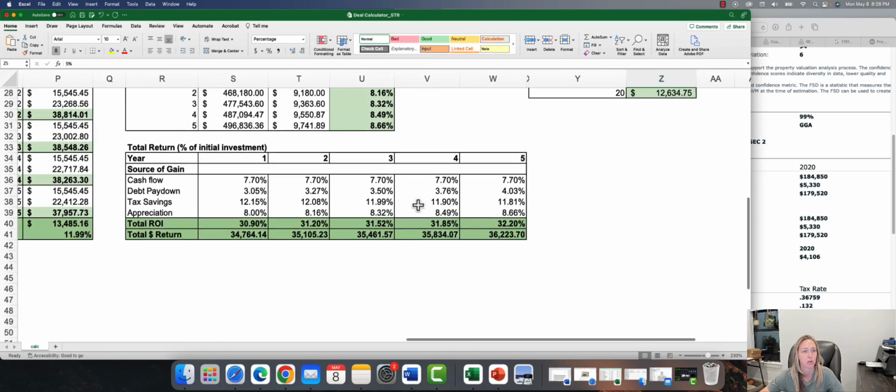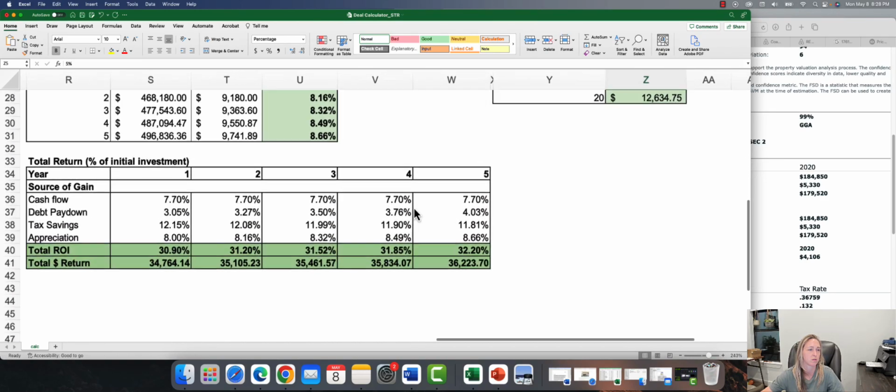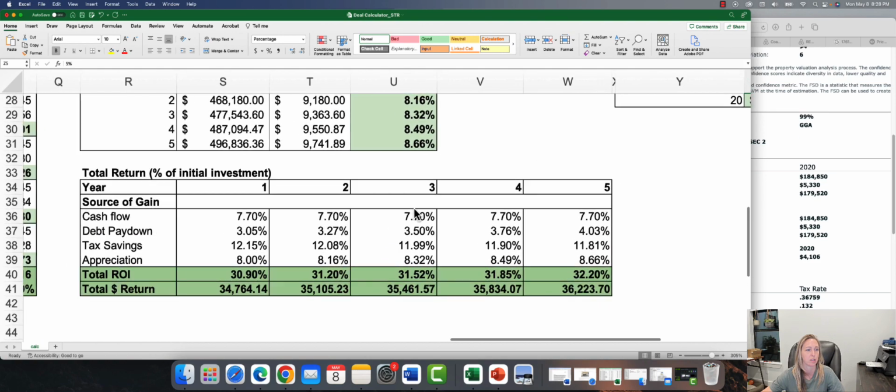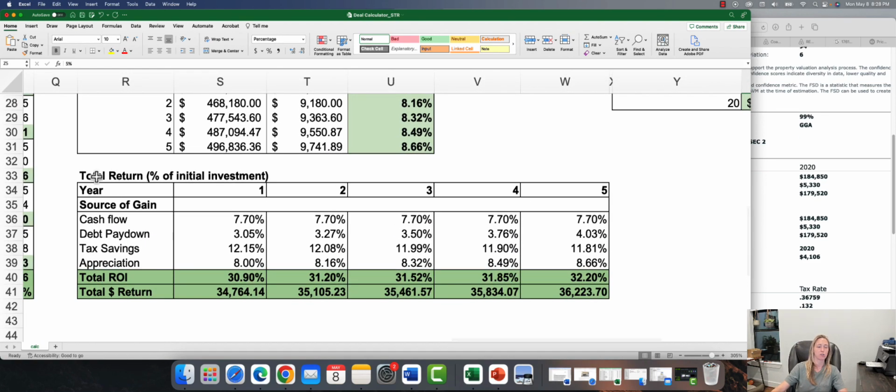So the total return on investment here is what I really like to look at, right? So you've got your total return in year one, you've got $34,000 in year two, which is a 30% cash on cash return of your investment.